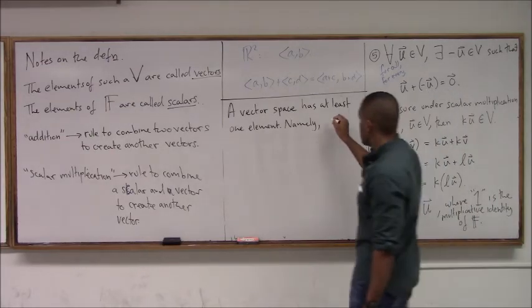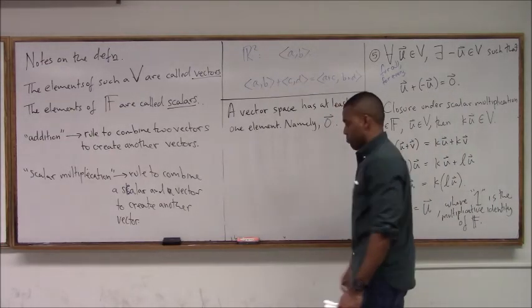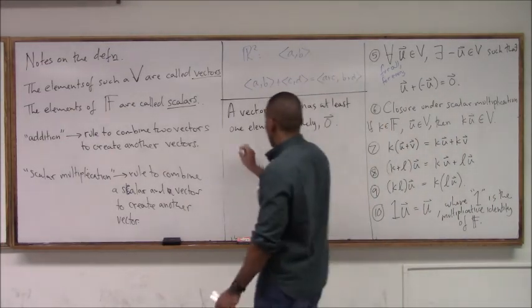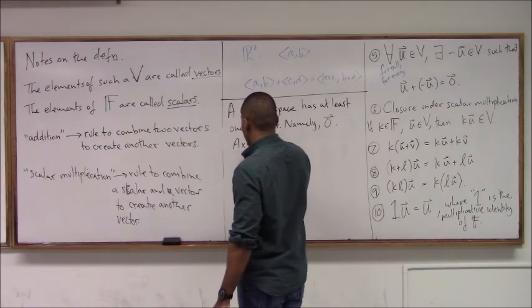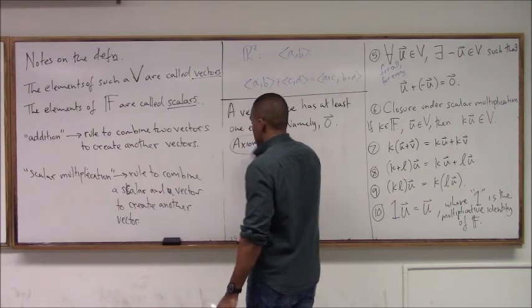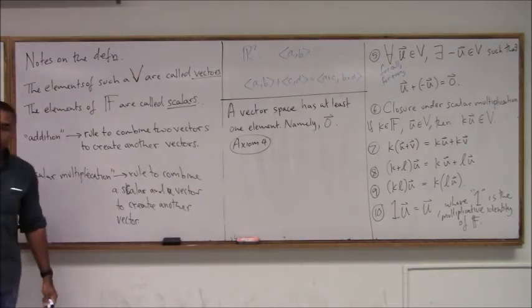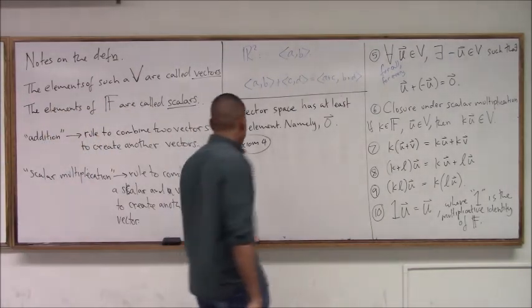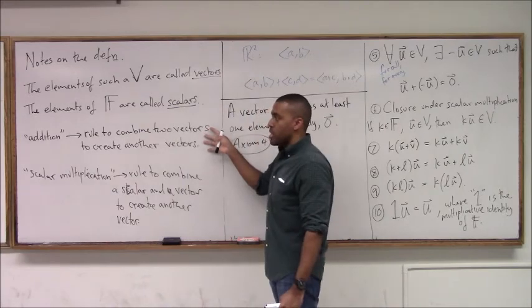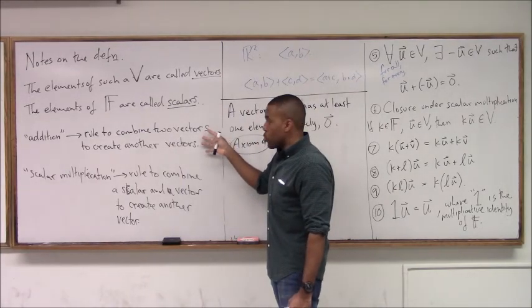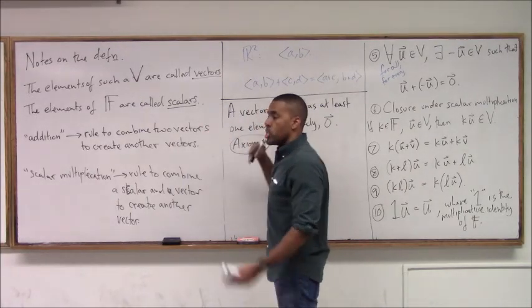The 0 vector. Why? This is by axiom 4. Axiom 4 posits that we do have an element that functions as 0. Meaning whatever rule I have for combining the vectors, that rule applied to this element will not change anything.